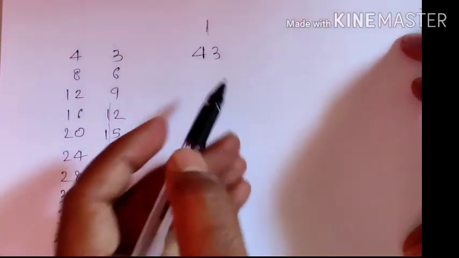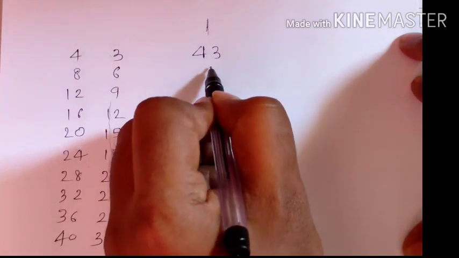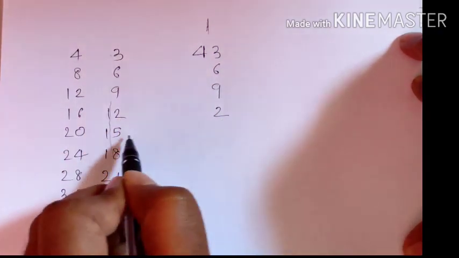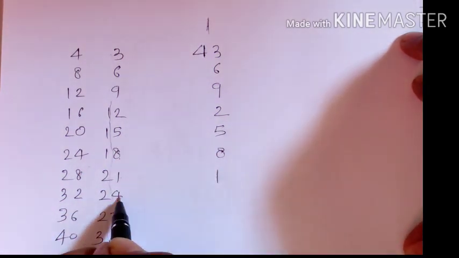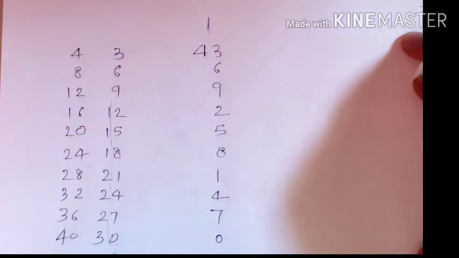That is not going to change and it is always the same. So when I write the 43 table, I am going to write this unit part as it is. So let me write 6, then 9, then 2, then 5, 8, 1, 4, 7 and 0. So half the table is ready.